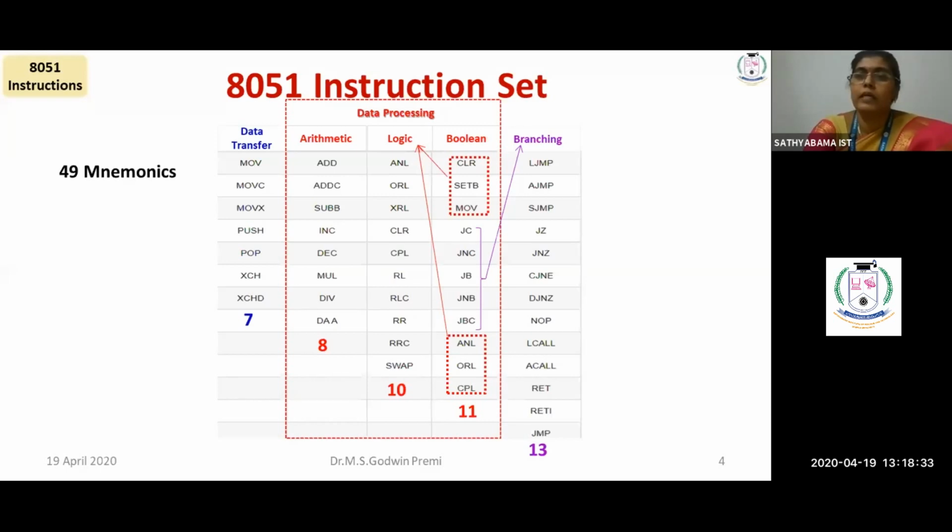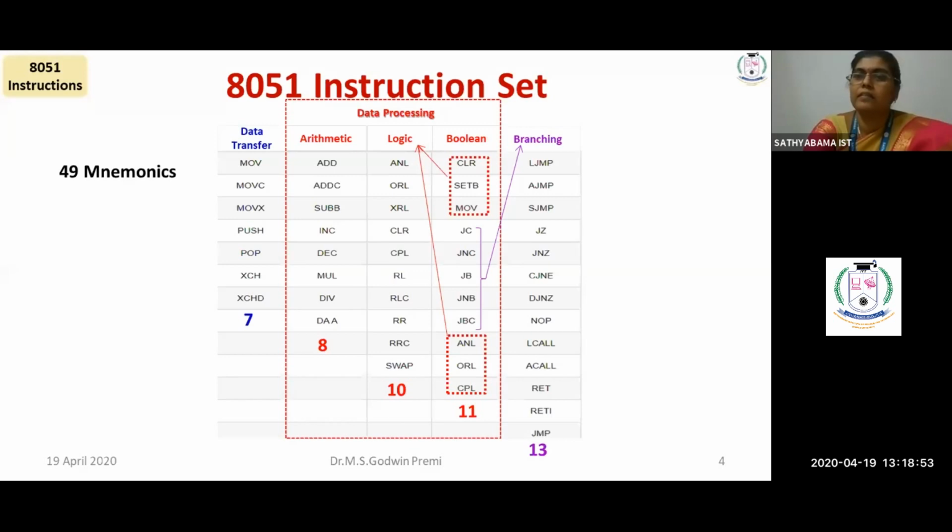These 256 possible instructions are grouped under 49 mnemonics. These mnemonics are the opcodes, or the keywords. So among the 49 mnemonics, all the instructions are comprised.